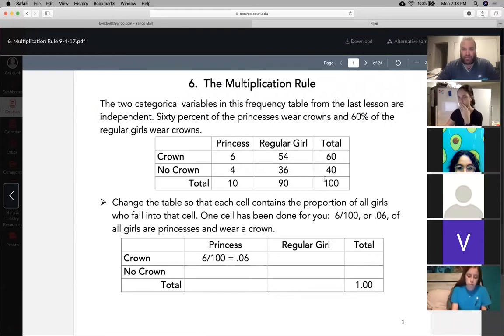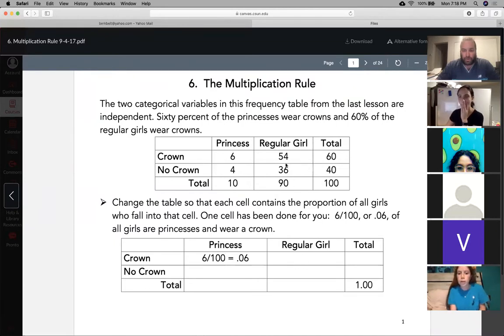What percent of the total 100 girls are princesses that wear crowns? And the answer is, well, 6 out of 100, correct? Mm-hmm. And 6 out of 100 is actually 6%, 0.06, right? So we put a 0.06 in our table here. Of the 100 total girls, how many are regular girls who wear crowns?